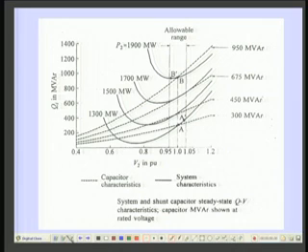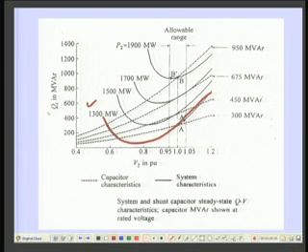Now, this diagram shows the QV curves plotted for this example. I will again highlight it here. You see this graph. This is the QV curve plotted for a load equal to 1300 megawatt.